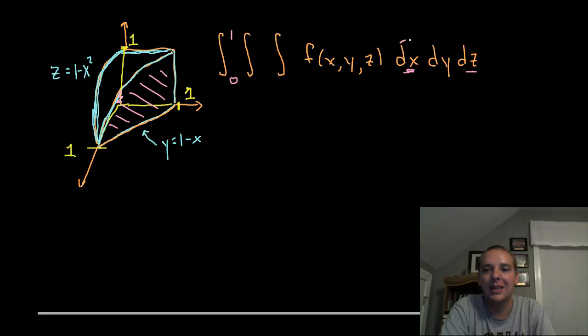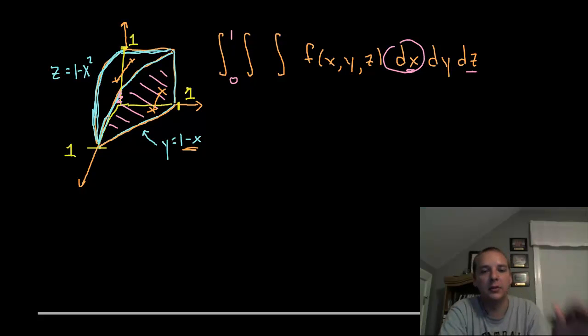But see, this guy's going to pose a huge problem, because imagine it being at different spots in the plane. For instance, look at this x value right here. If you came out towards us, we would bump into the plane. So we would say 1 minus x would be our innermost limit of integration. But if we were farther up here and you came out towards us, we would bump into that curved surface right there.